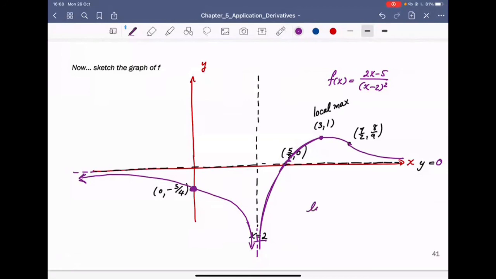Because when we find the horizontal asymptote, we say the limit of (x minus 5) over (x minus 2) when x goes to plus infinity is 0. So we are interested in the behavior as x goes to plus infinity. We don't care whether at x equal to 5/2 it passes this or not. And also when the limit of x goes to negative infinity, this is also 0, right?